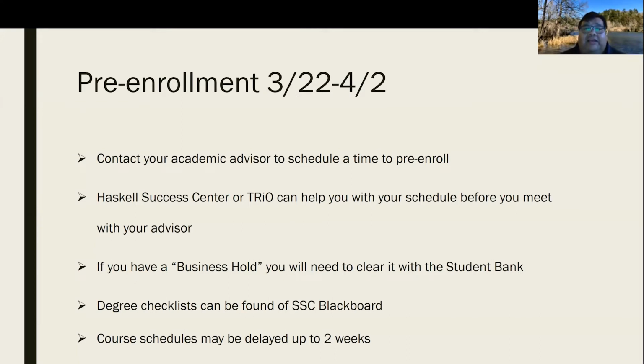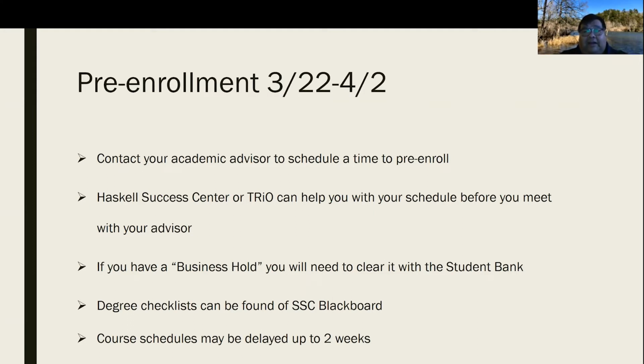It's very key for you to be able to meet with your academic advisor and talk about those things, including any concerns you have about classes that you haven't had that you need as prerequisites for other courses later on in your program. So double check everything, go through your degree checklist, and see where you are.